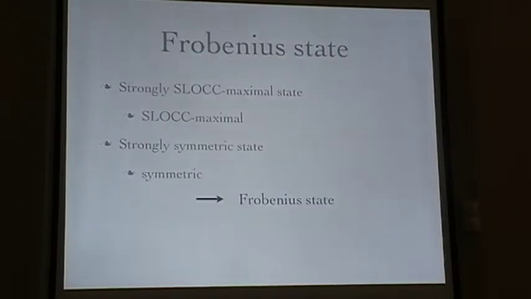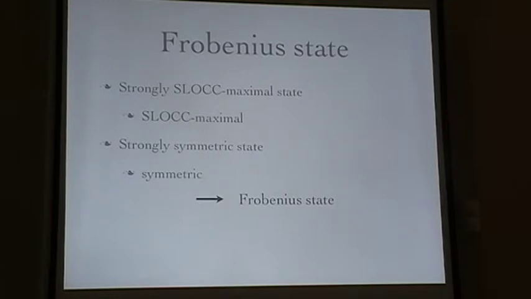Then we focus on strongly SLOCC maximal states, which are also SLOCC maximal, and we also focus on strongly symmetric states, which are also symmetric states. This is important because for these states we do not need to pay attention to the place of their single systems.